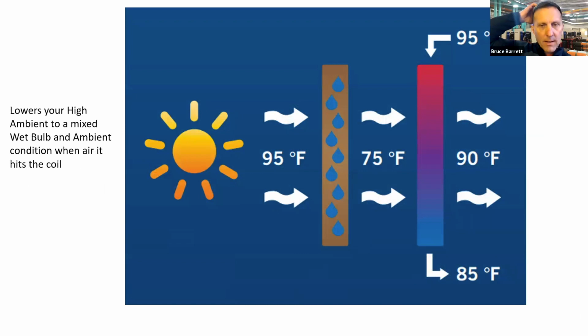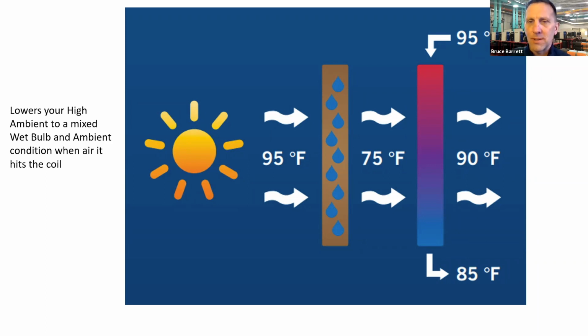How does it work? Well, I could have used Kansas City conditions, maybe 105 ambient, but as it passes through the media, it combines a wet bulb condition with the dry bulb hot conditions outside. The greater temperature difference that you have from ambient to your wet bulb, basically the warmer it gets, the better the cooling effect becomes.